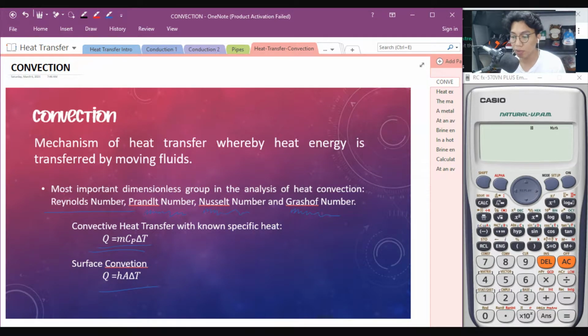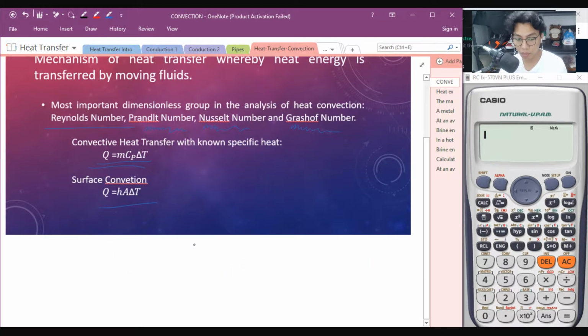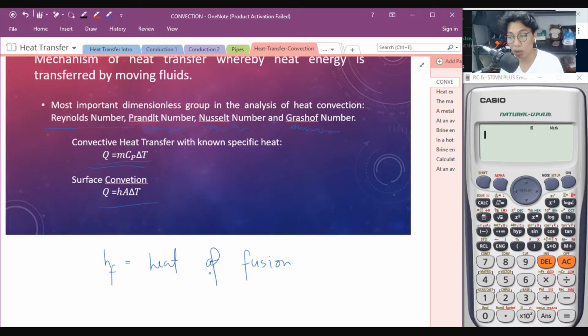Ano po ba yung heat of fusion of water? It is the quantity or the amount of energy you need in order for you to turn a kilogram of water into ice. So, heat of fusion na. Kapag HV, heat of vaporization.